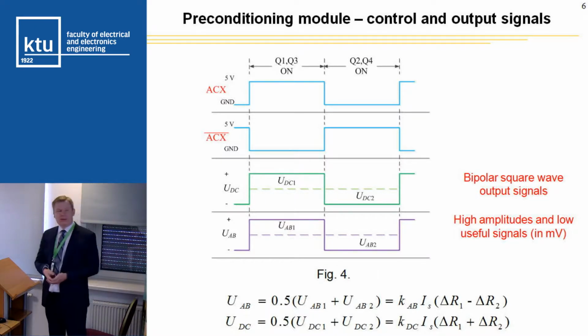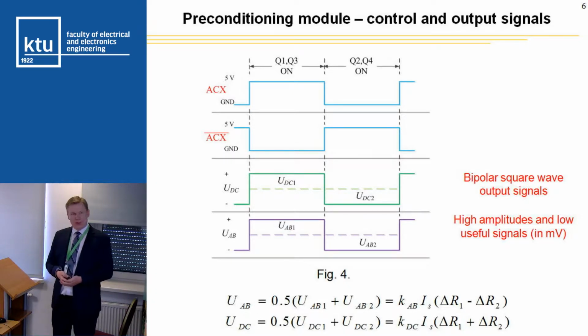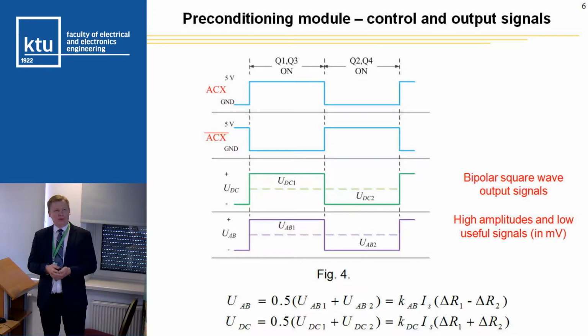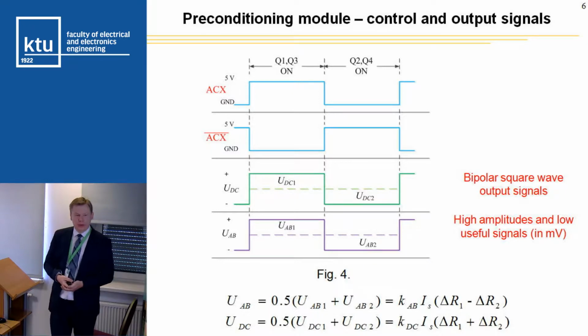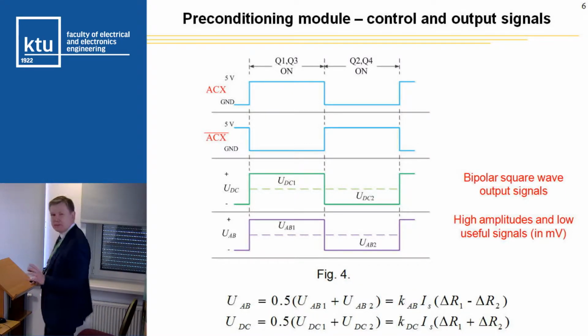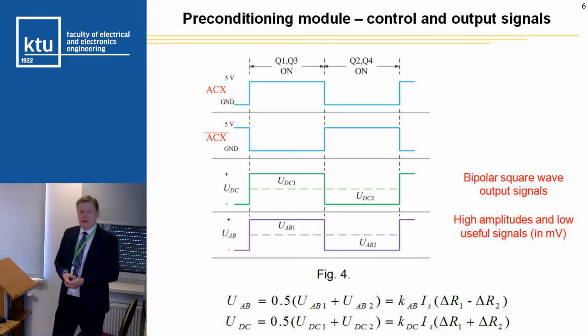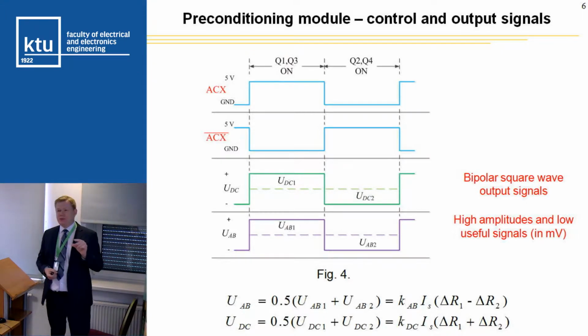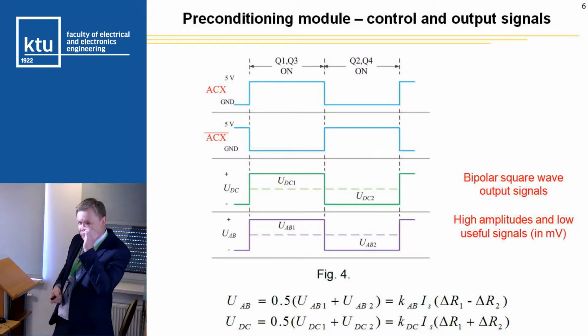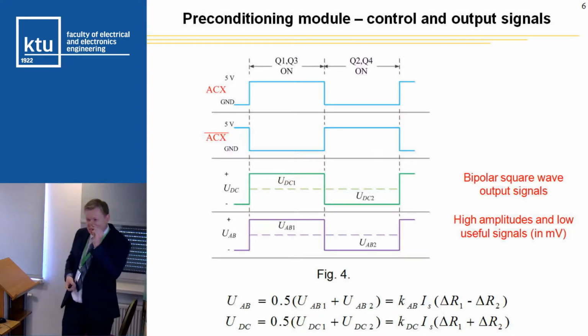The idea is to measure the average of UDC1, UDC2, UAB1 and UAB2, but there are some problems. This is a bipolar square wave, quite high amplitude, and just a little part of useful signal.